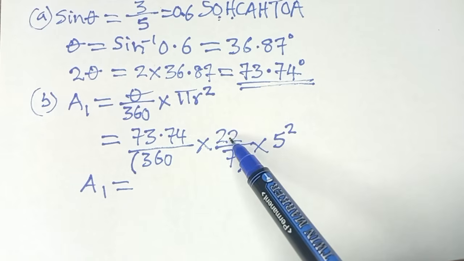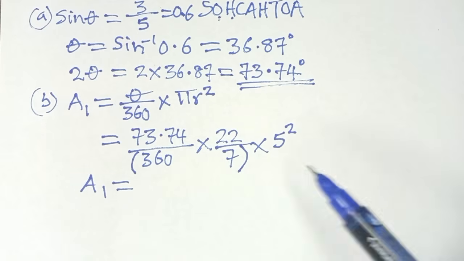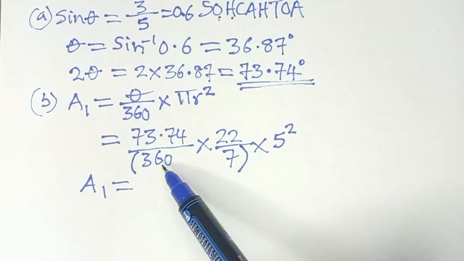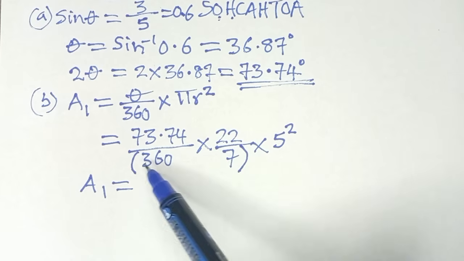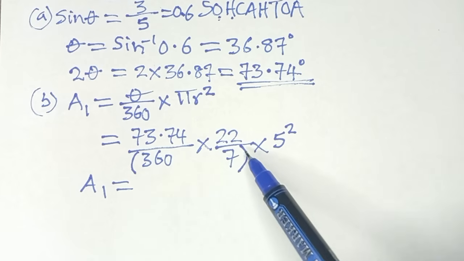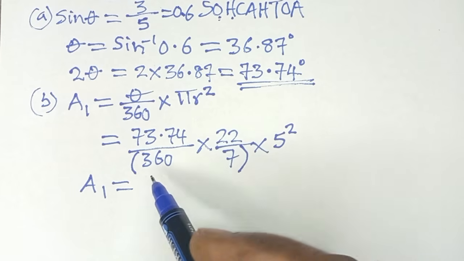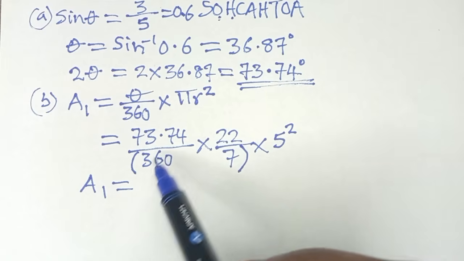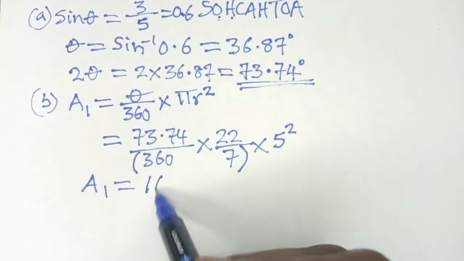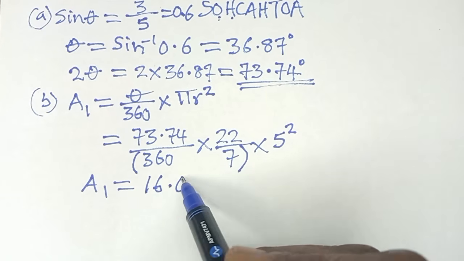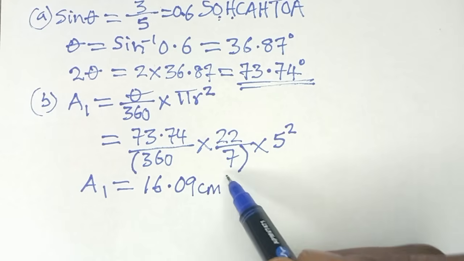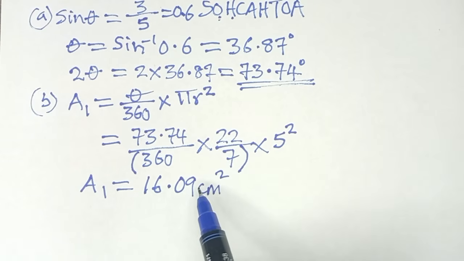So you multiply 22 by 25, and then you divide by 360 times 7. Don't forget to put the 360 times 7 in brackets. That will finally give you the area of the sector as 16.09 centimeter square. So this is the area of the sector.